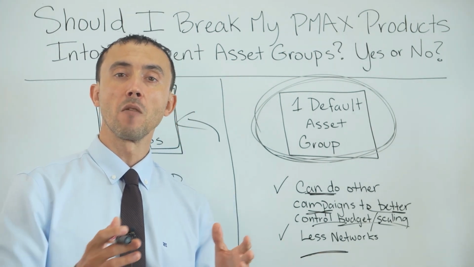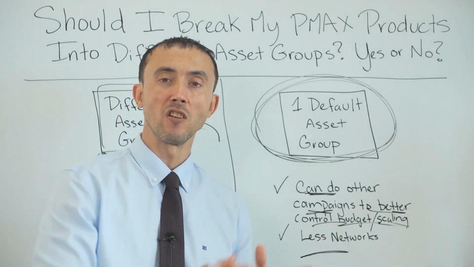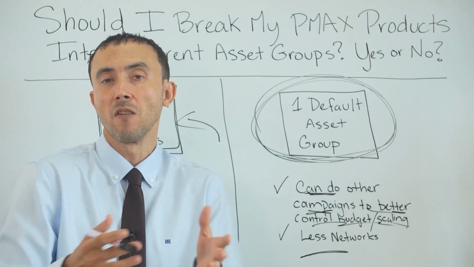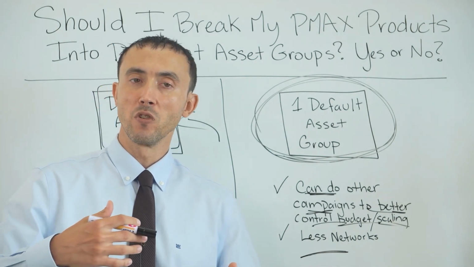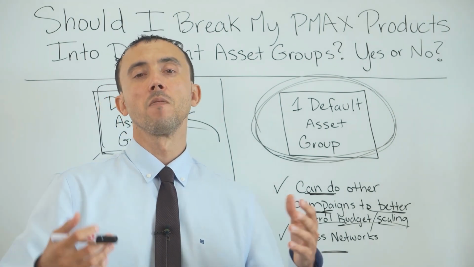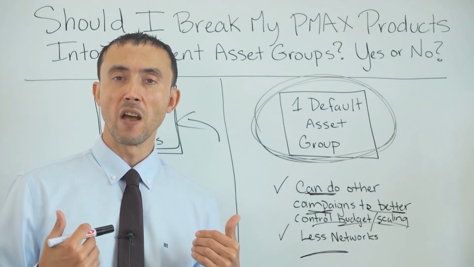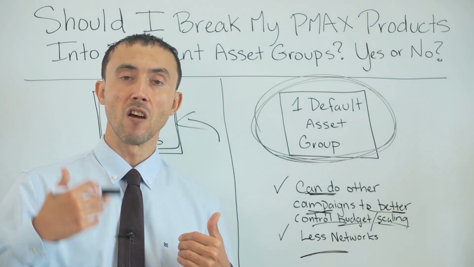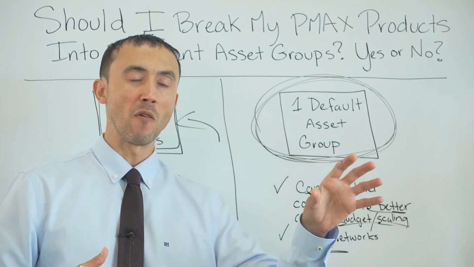Or if you're thinking about making a change, ask me before, because when you make a change, you're always going to get some negative volatility in your results because of how the machine learning works. Changes over a certain size send the campaigns back into learning mode for a few weeks. Ask me first. I have quite a few people using my coaching that I just started offering to our channel viewers, just asking me, hey, I'm about ready to make this change.